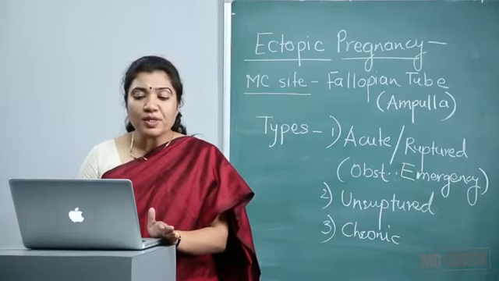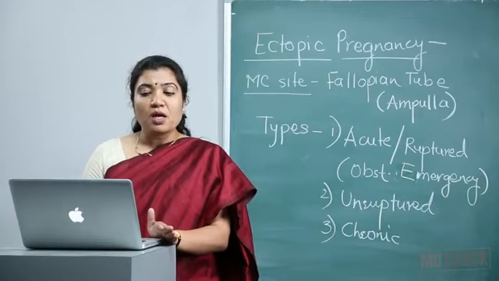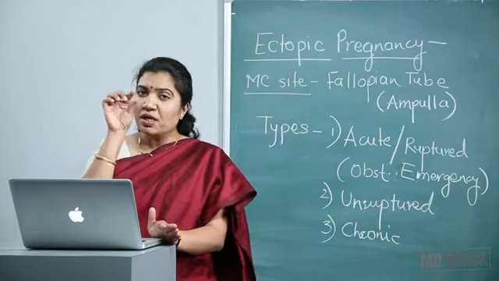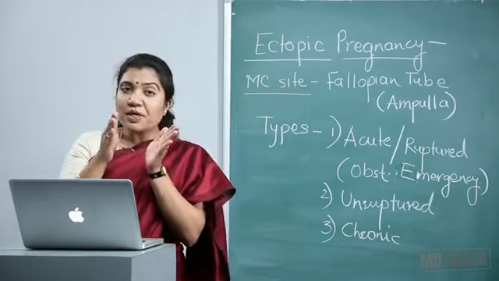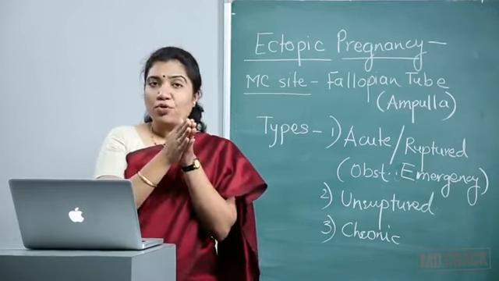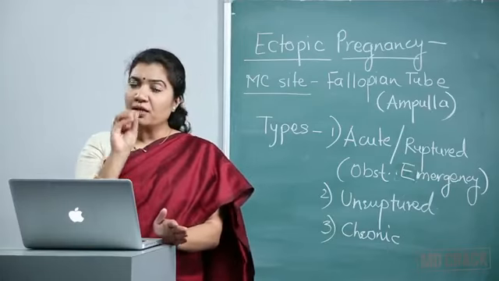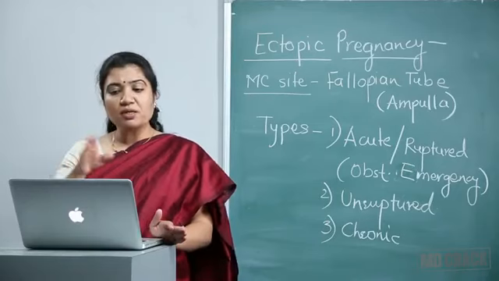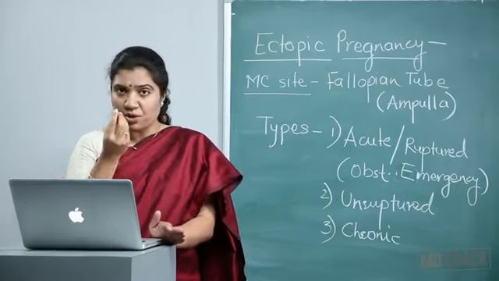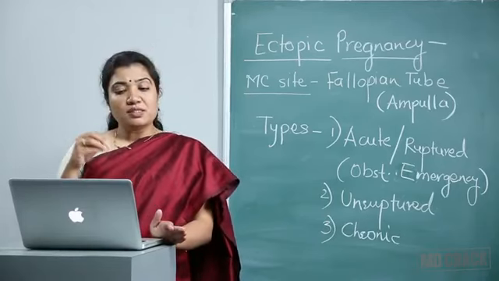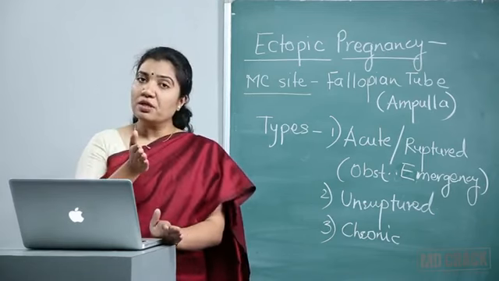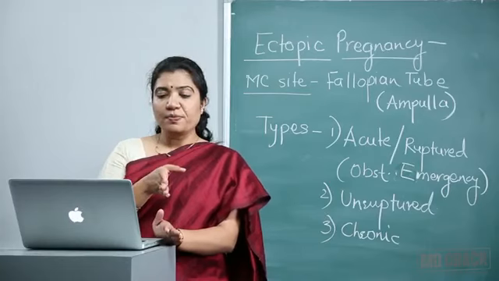So the most common is ampulla. And usually the abortion takes place at 8 to 12 weeks because the distensibility of that particular site of fallopian tube can accommodate only that much gestation of ectopic pregnancy. Once it goes beyond that, then abortion takes place or the tube ruptures. Isthmic portion is the narrowest portion, so the rupture occurs much earlier, 6 to 8 weeks.